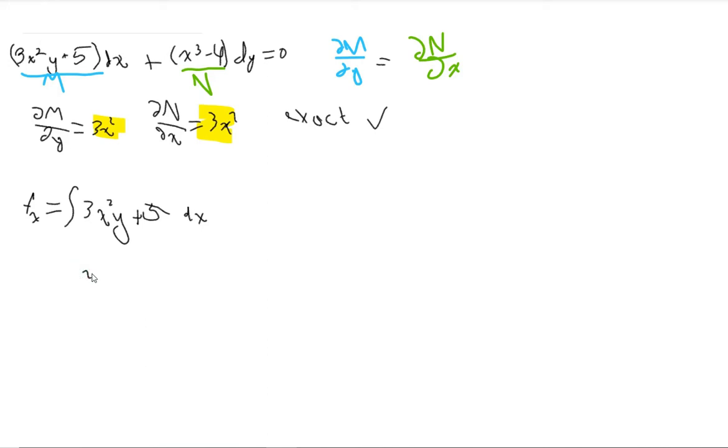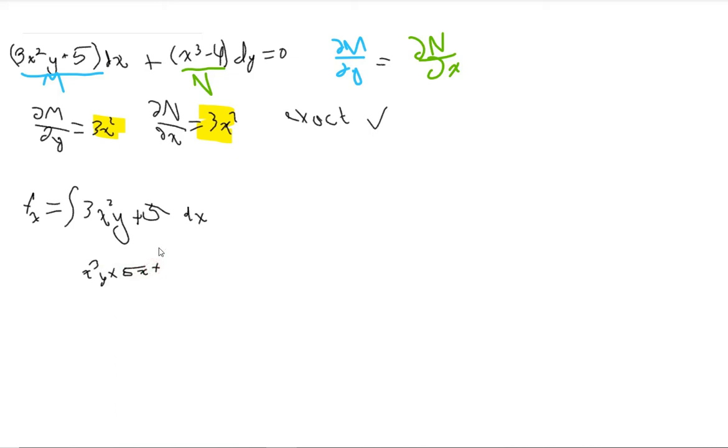You integrate that 3x squared: you add one to the exponent so you get x to the third, and then you divide by 3 until the 3 goes away. So you have x to the third times y plus 5x, and then plus a constant.